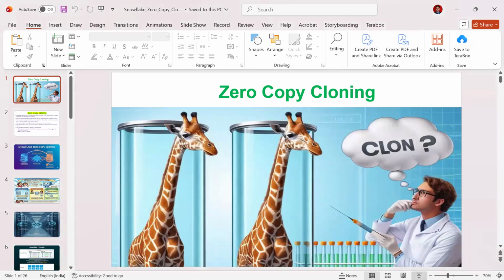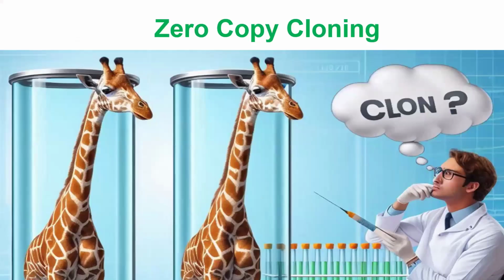Yes. Okay, when I talk about zero copy cloning, in Snowflake terminology we call it cloning also. So cloning means what? Exact replica. Correct? Whatever you see here, this one and this one are almost the same. So just take a copy.